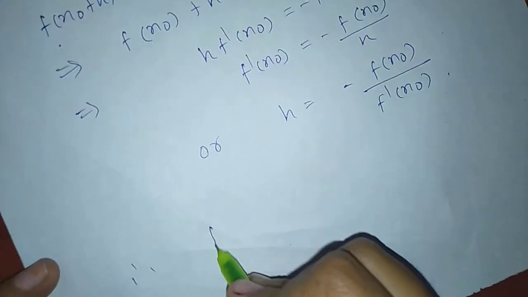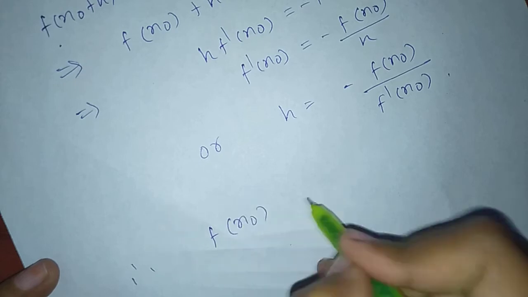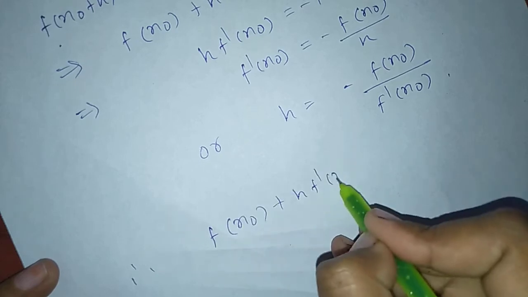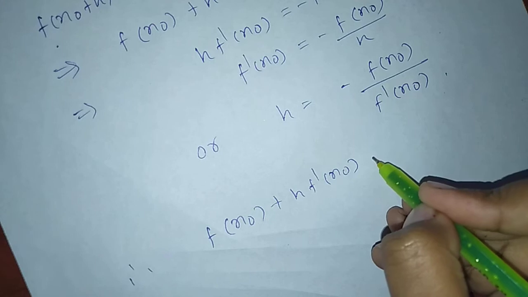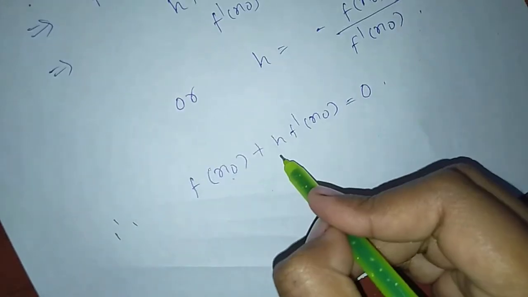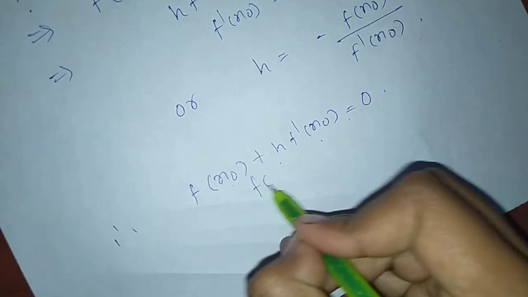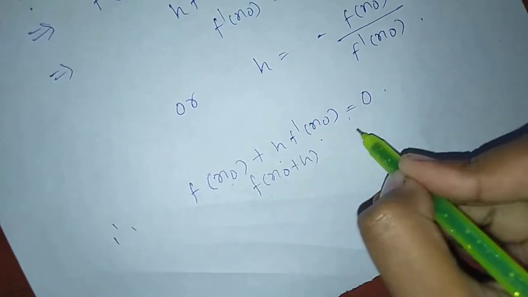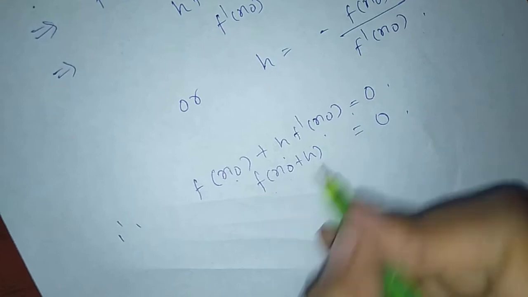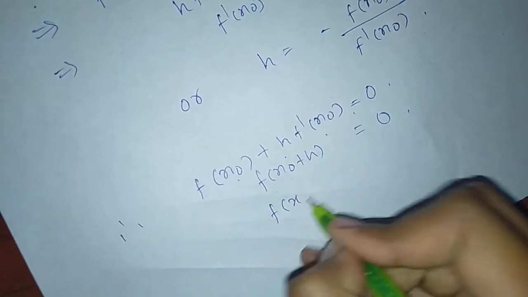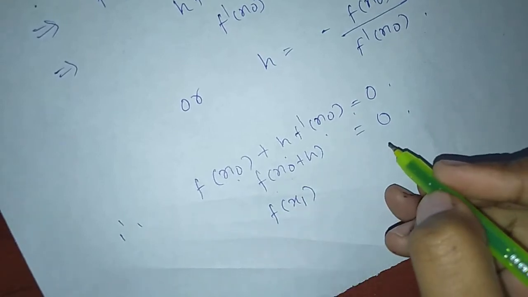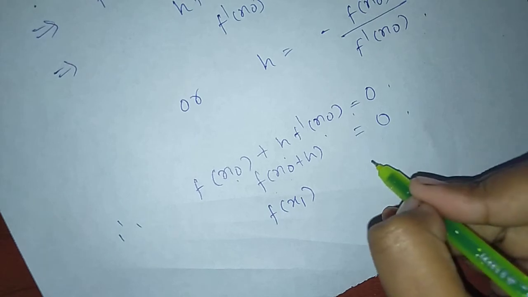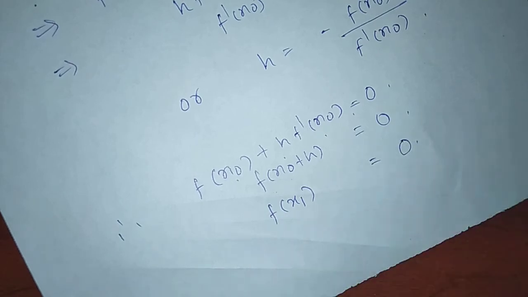Therefore f of x naught plus h f dash of x naught equal to 0. Here f of x naught plus h f dash of x naught is f of x naught plus h, equal to 0. f of x naught plus h is f of x1, equal to 0.